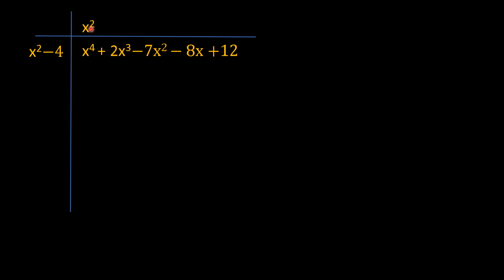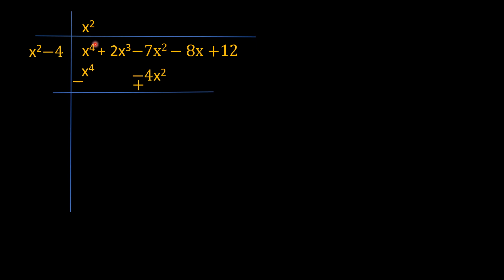Now x squared multiplied by x squared gives us x raised to 4, and x squared multiplied by minus 4 gives us minus 4x squared, which we write below the square term. Now we will change the signs. Plus becomes minus and minus becomes plus.